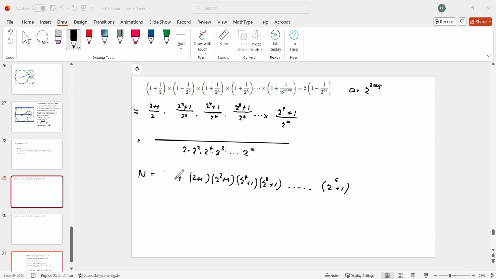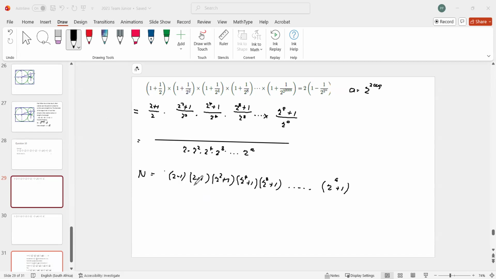Now, instead of 1, I'm going to put 2 minus 1, because 1 is 2 minus 1. So I'm going to multiply by 2 minus 1. The sum doesn't change. Now watch.